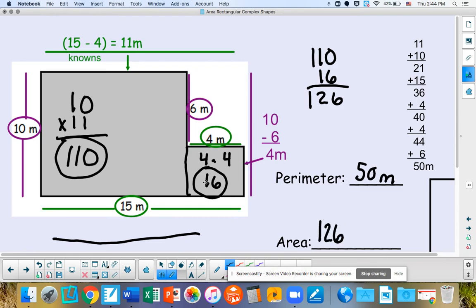Again, this is area. These were squares that we were finding. So it's square, in this case, meters. Let's get rid of that centimeter. And I'm just going to scribble it out for now, make it easier.